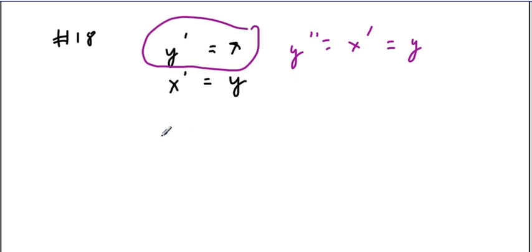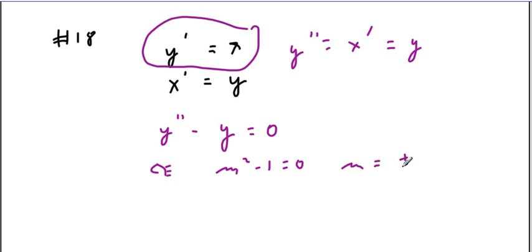So that means y double prime minus y has to be 0. How convenient. And now we can go back to chapter 1 and say I have a characteristic equation, m squared minus 1 is equal to 0. I can say that m is equal to plus or minus 1.